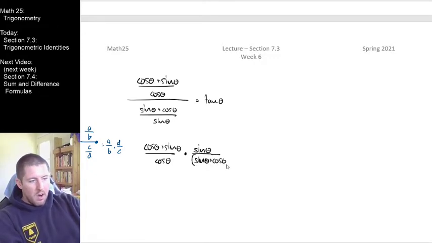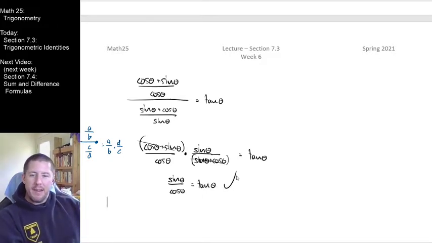And notice that these are all factors in one big fraction now that we're multiplying these together. Since those are exactly the same, numerator and denominator, I can cancel them. And we are here at sine of theta over cosine of theta equals tangent of theta. Boom, nailed it right there. That one's pretty good, right? So going all in terms of sines and cosines was not a terrible idea for this one right here.